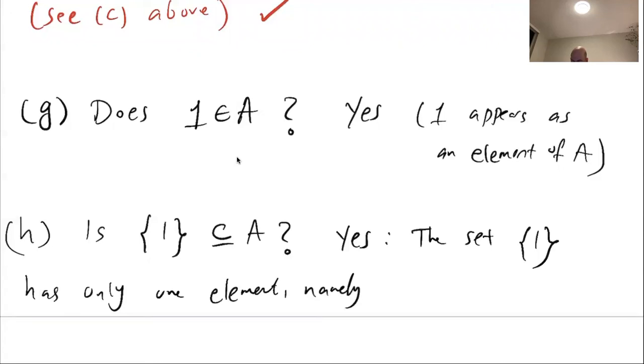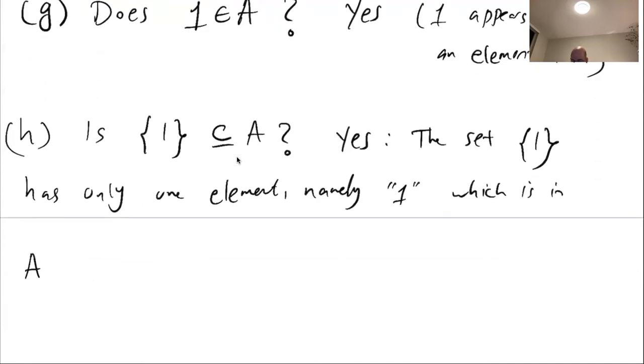Namely 1, which is in the right-hand side set, which is in A. So that means the set containing 1 is a subset of A, because in part G, we established that the element 1 is in A.